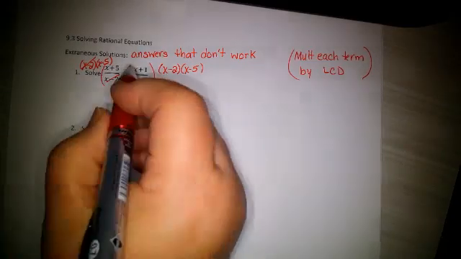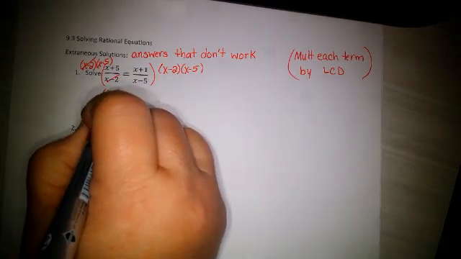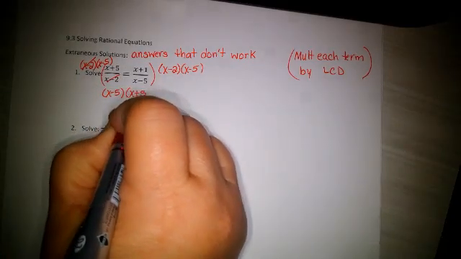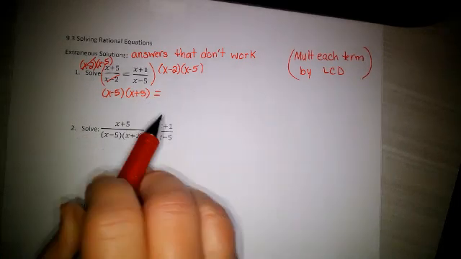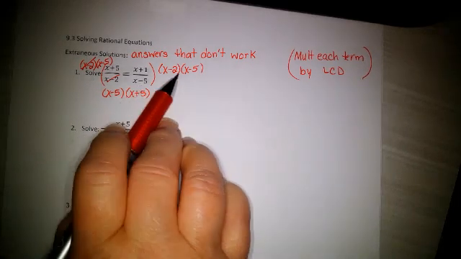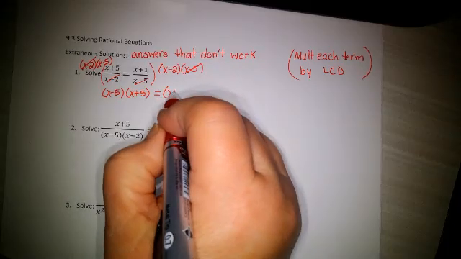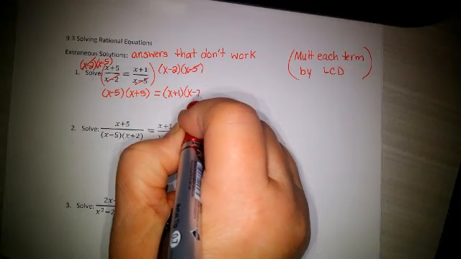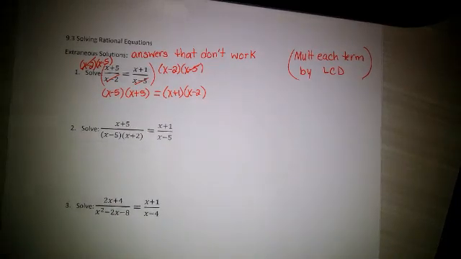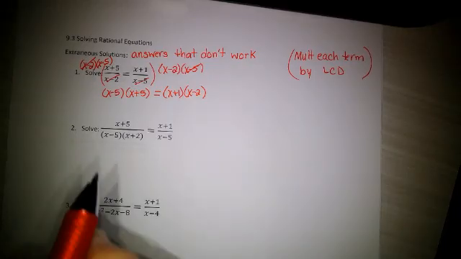And all I have to do is multiply x minus 5 times x plus 5. On the right-hand side, the x minus 5 cancels and leaves me with x plus 1 times x minus 2. Look, no more fractions. And now it's just a regular equation for us to solve.